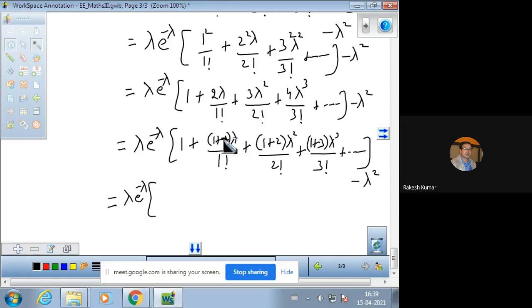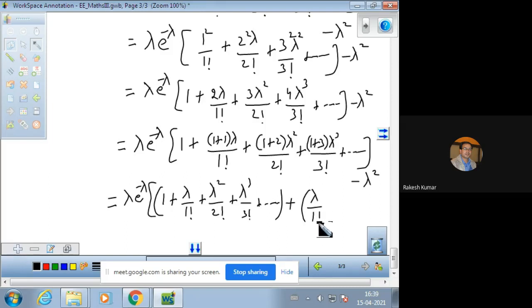Now these plus terms will make a summation of two terms. So 1 plus lambda upon 1 factorial plus lambda square upon 2 factorial plus lambda cube upon 3 factorial plus so on. And similarly the next term will be lambda over 1 factorial plus 2 lambda square upon 2 factorial plus 3 lambda cube upon 3 factorial plus so on.